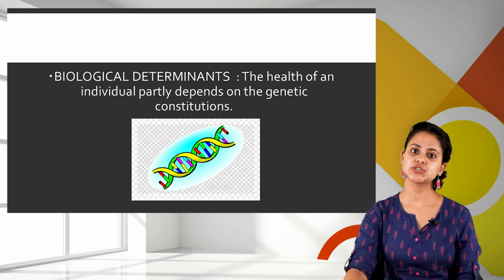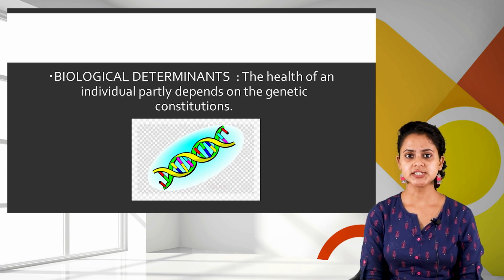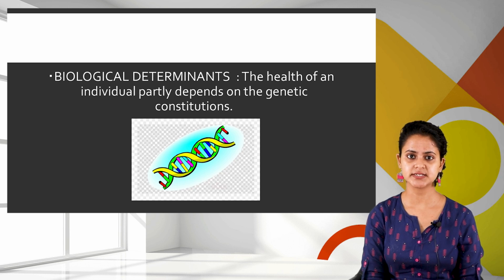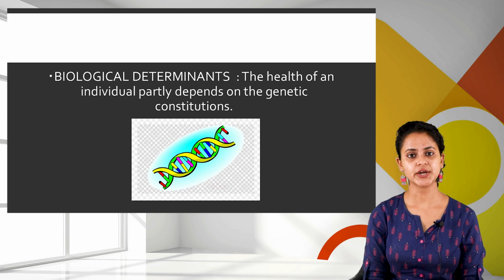So what I mean to say here is that the genetic constitution of an individual, which is considered an internal determinant of health, plays a very important role in the quality of life of an individual. In today's scenario, genetic mutation is causing the development of various diseases, which deteriorates the person's quality of life as well as causing life-threatening scenarios.